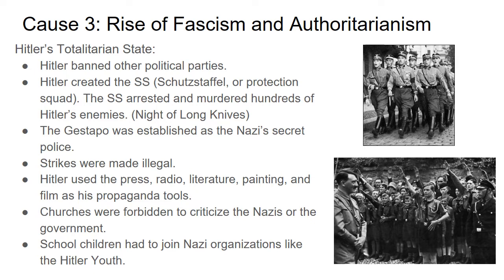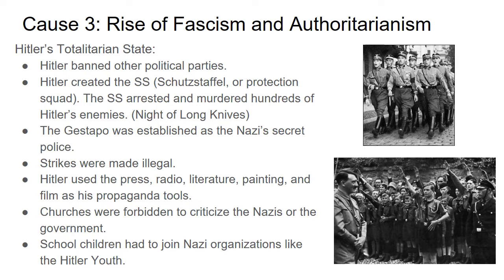Hitler also works to clean up his own party and eliminate any rivals that are existing within the Nazi party. So he creates the SS, which stands for Schutzstaffel, which was basically Hitler's own personal army.